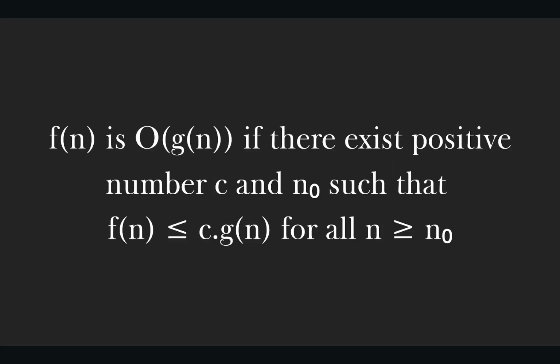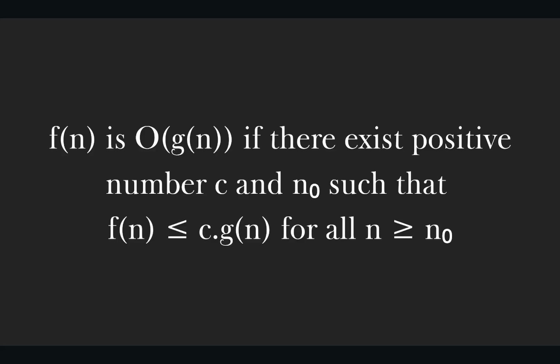If we take a look at the formal definition, it is a little bit hard to understand, but let's go through it quickly. f(n) is O of g(n) if there exist positive numbers c and n naught such that f(n) is less than or equal to c times g(n) for all n greater than or equal to n naught.